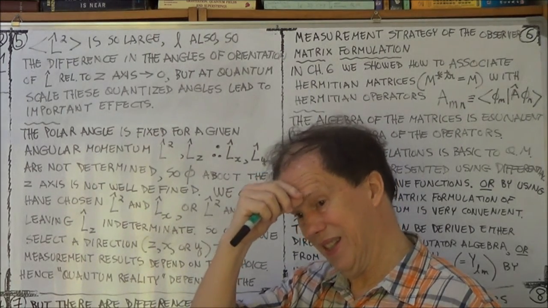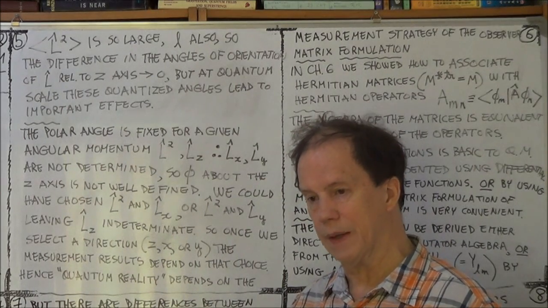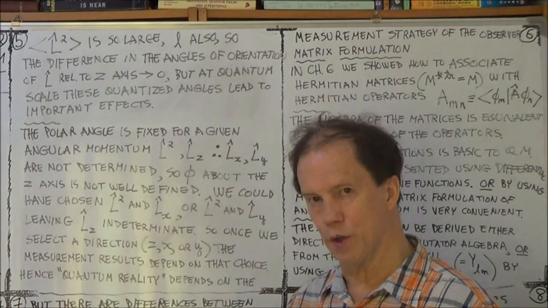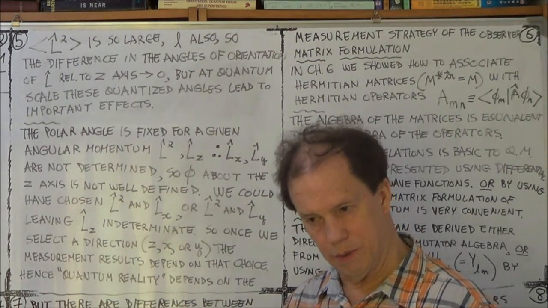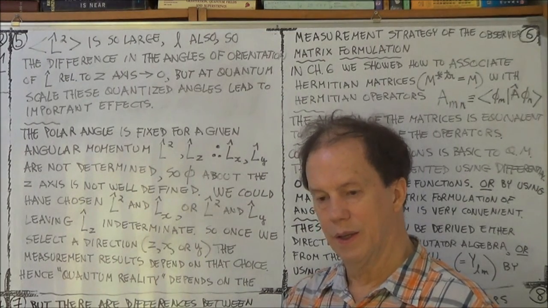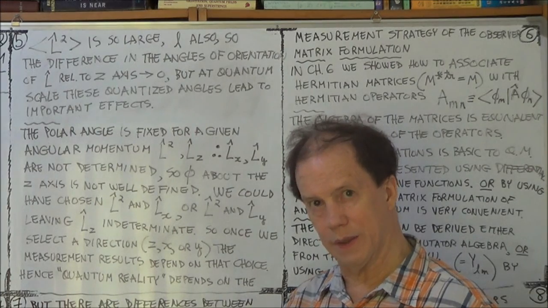Now that was a point made rather strongly by Niels Bohr, who said there's a much more intimate relationship between the observer, the human being who does the observing, and the physical reality as measured than there is in classical mechanics.